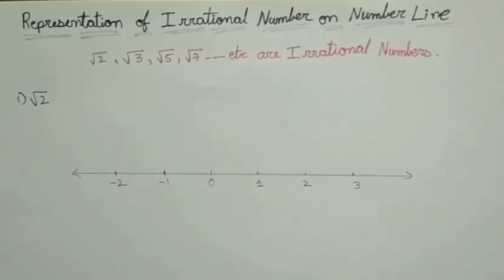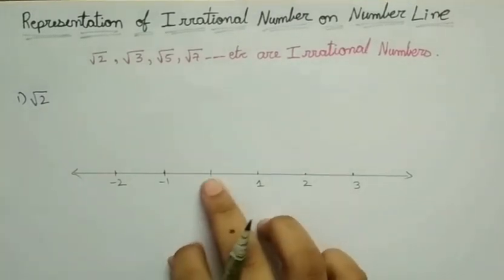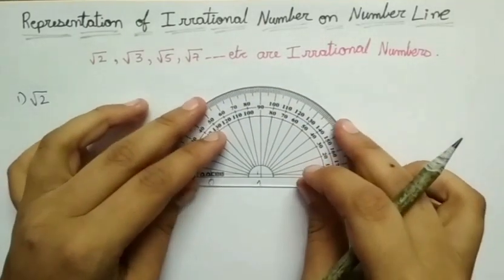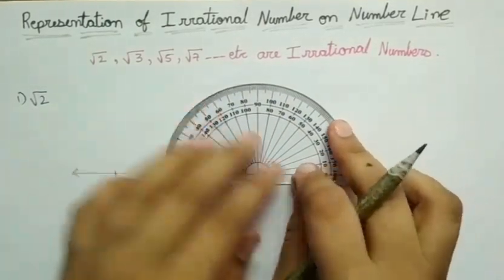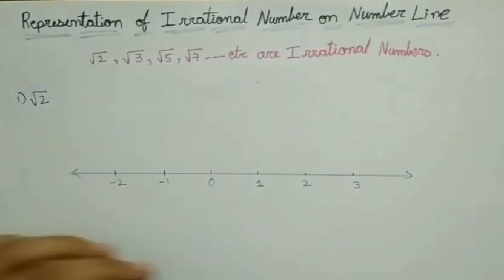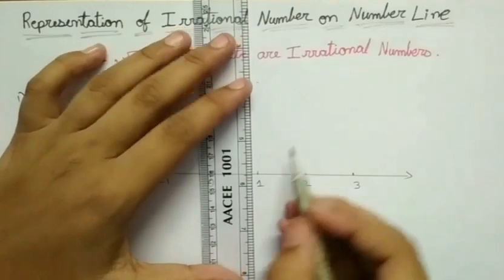Now, the first thing we need to do is we'll take 0 and 1 unit as the base and take a 90 degrees angle. Join this.